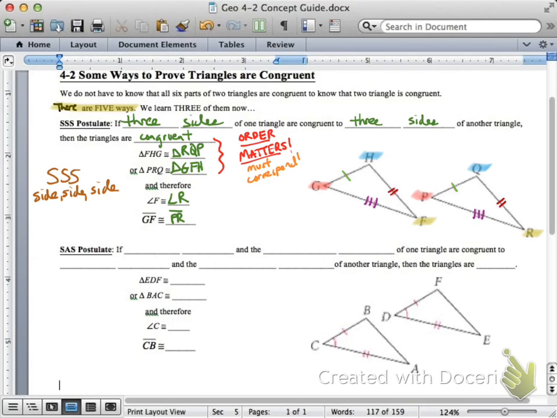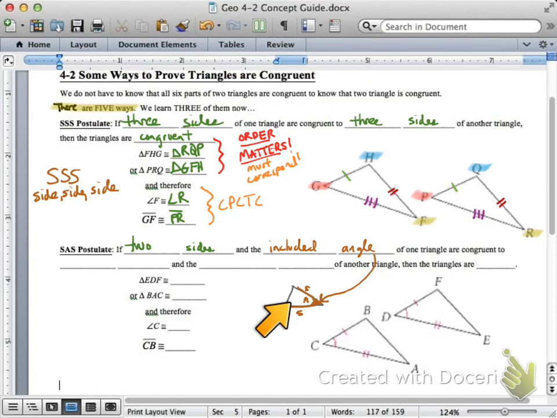The next one is side angle side. So if 2 sides and the included angle, let me explain what this is talking about. If you've got this triangle down here, and you're talking about this side and this side, the included angle is the angle that is created by those 2 sides, the angle that is in between those 2 sides.